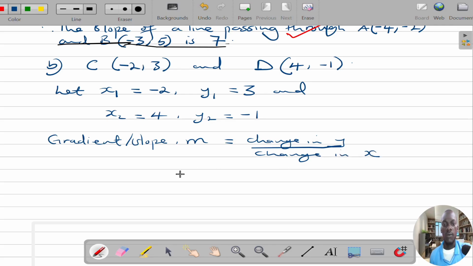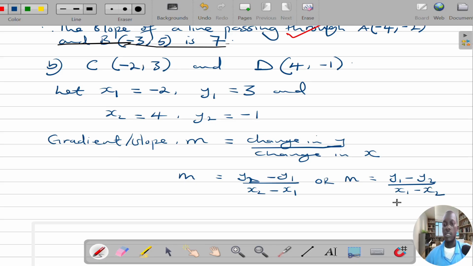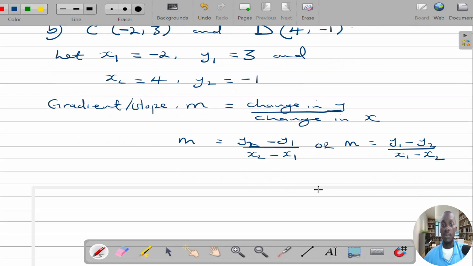So we have m equaling y2 minus y1 divided by x2 minus x1. Remember, I told you, even though we use m equal to y1 minus y2 divided by x1 minus x2, you come to the same answer.